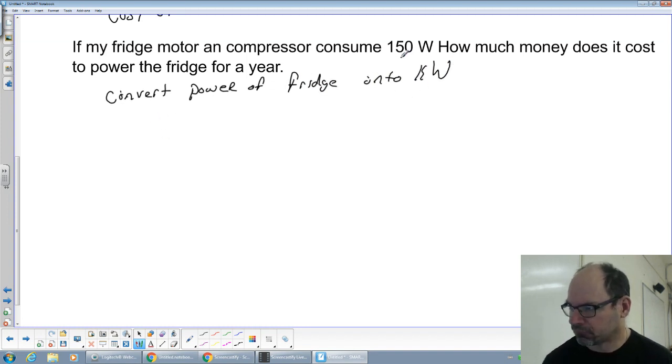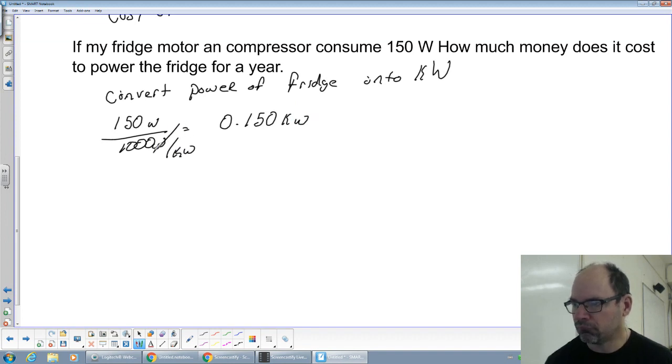Okay, so 1,000 watts per kilowatt, so it's 150 watts divided by 1,000 watts per kilowatt, which equals 0.150 kilowatts. Okay, so canceling out the watts.